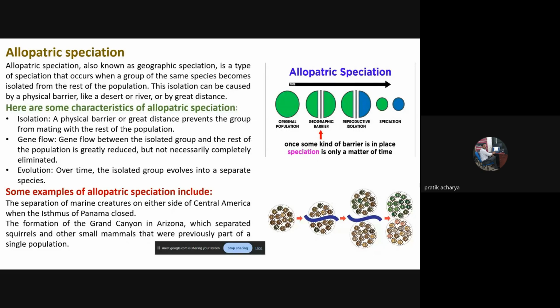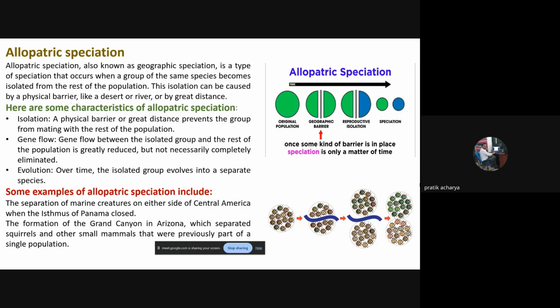Darwin's finches, on different islands having different food resources and different seed structures, develop different structures of beaks. And those beak structures make them reproductively isolated from the original population. There is a geographical barrier, the sea barrier, and when they move to the next island, the food resources are completely different.